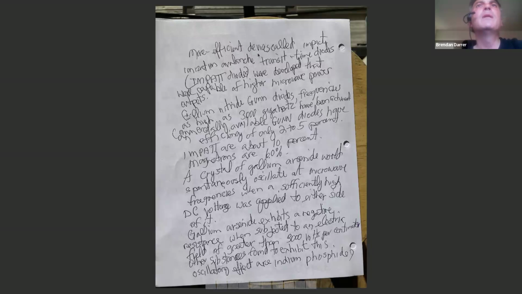More efficient devices called impact ionization avalanche transit time diodes, IMPATT diodes, were developed that were capable of higher microwave power outputs. It's gallium nitrate, I think.